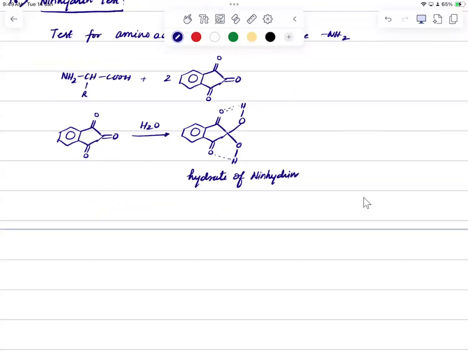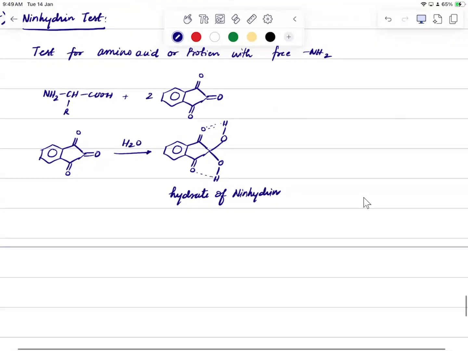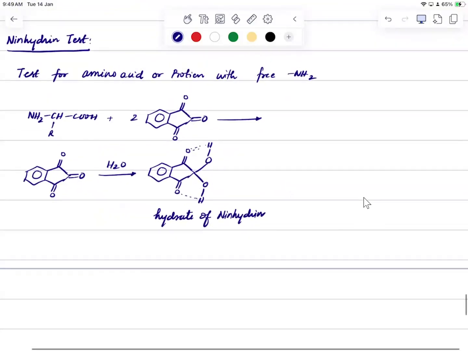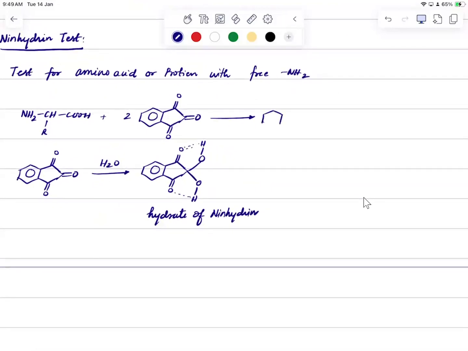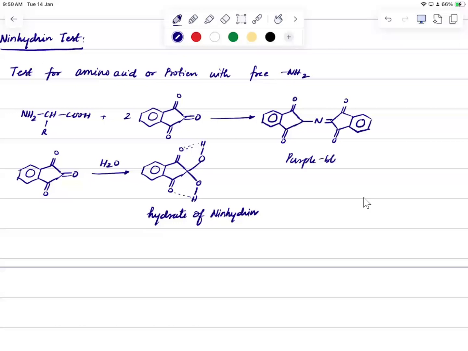So do remember that. Now when you react this ninhydrin form with 2 moles of this, again the mechanism is not very clear to me in terms of how exactly the first step or rate determining steps are. But this is the overall reaction that has been noticed. These two would get connected with one nitrogen double bond of the second molecule here, like this, with double bond O and double bond O. And this is usually purple blue color.